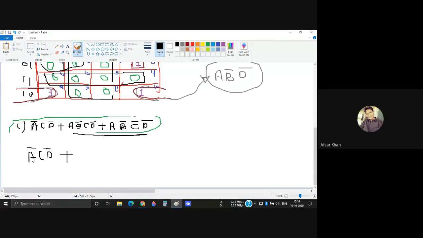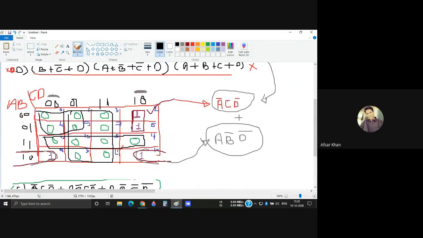What can be common in this, students? A B bar D bar. Yes, very good. We take A, B bar, D bar common, then what will remain in the bracket? C plus C bar, which will be 1. Our answer will be A bar, C, D bar plus A, B bar, D bar.